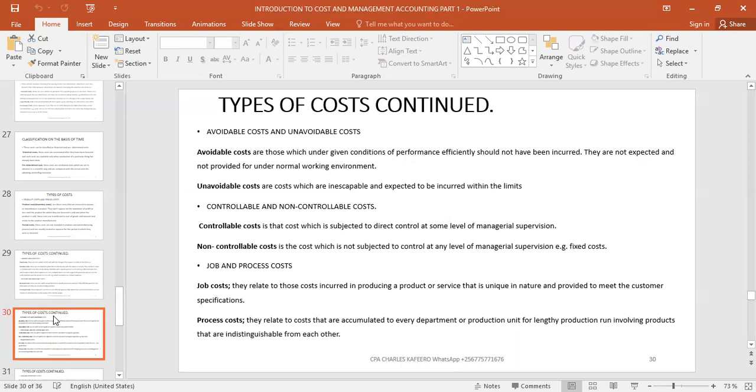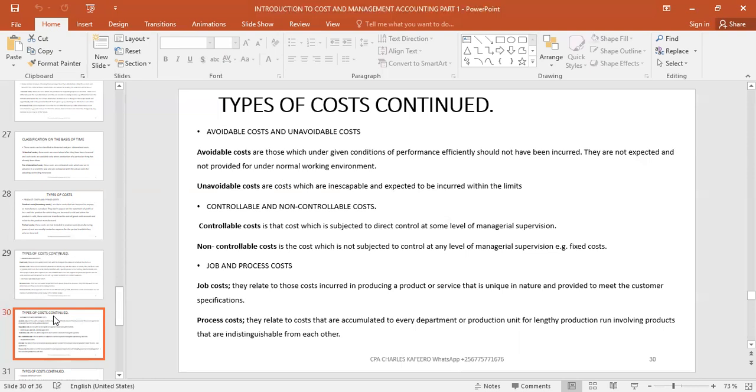That's the difference. Job costs relate to those costs incurred in producing a product or a service that is unique in nature and provided to meet the customer specifications. It's the customer who comes with whatever he or she wants.